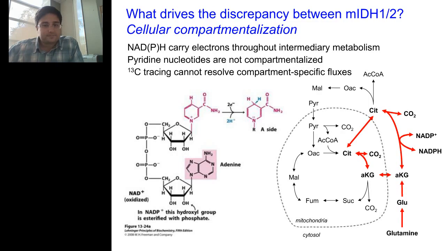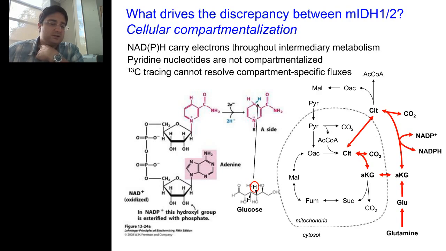Yet this compartmentalization is very critical for cell function. So one of the ideas that we've developed recently is to, rather than trace the carbon atom transitions, can we trace the specific hydrogen atoms that get transferred to NADPH and NADH and remain in distinct compartments in this way?